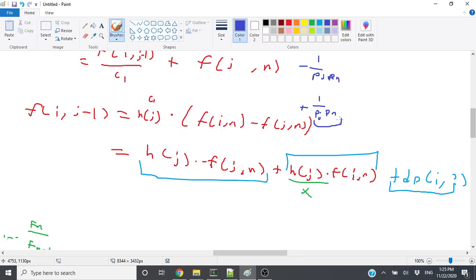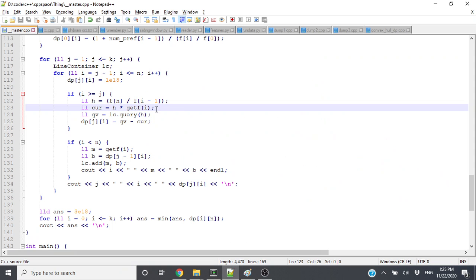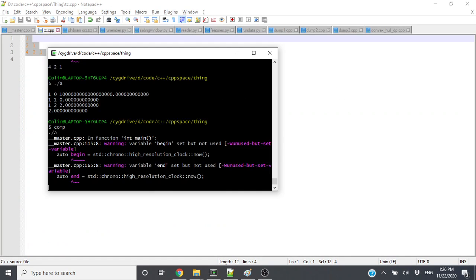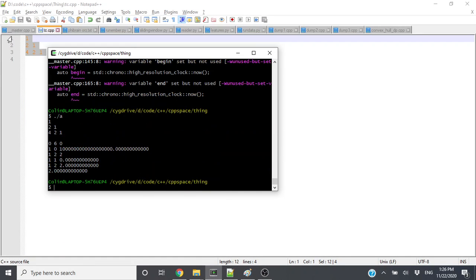So then we include this in here. So that's like plus f of n over f of I. Something like that, right? I have to include that, even though it's like always consistently annoying.